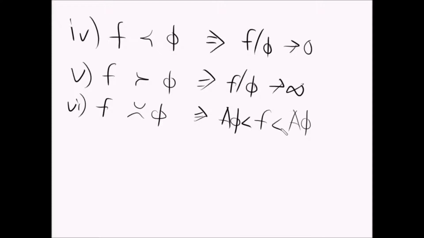Now these two a's are different multiplicative constants that we can find such that f will strictly be bounded by these two phi functions with their respective multiplicative constants. And this last symbol can be read f is of the same order as phi. So that's probably the best way to say it.